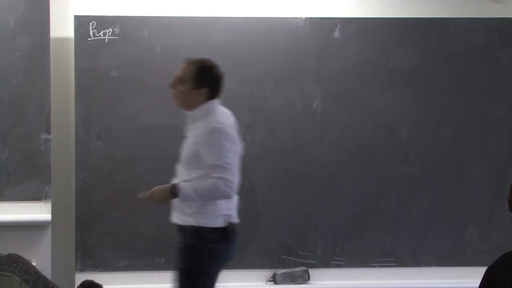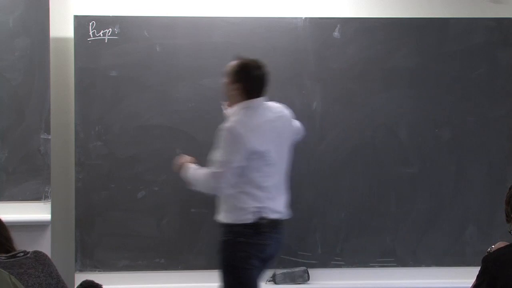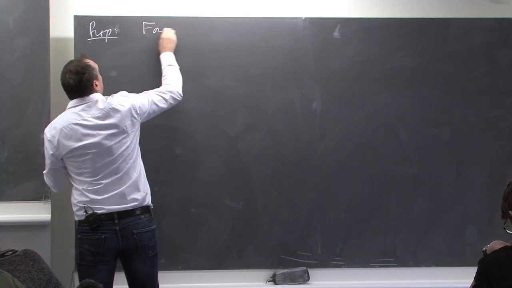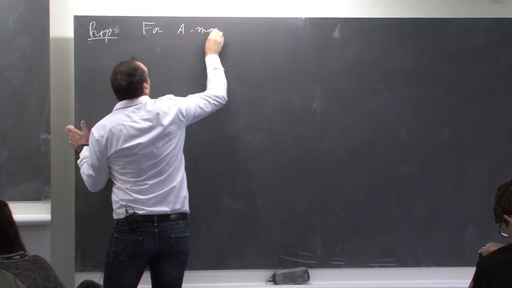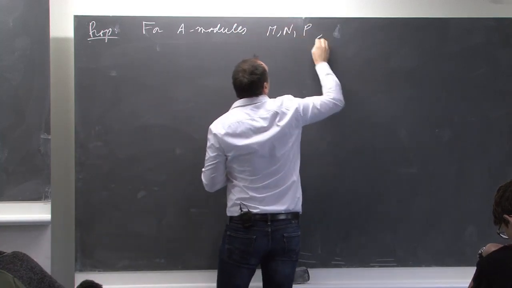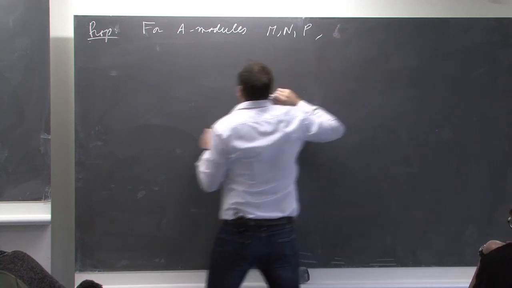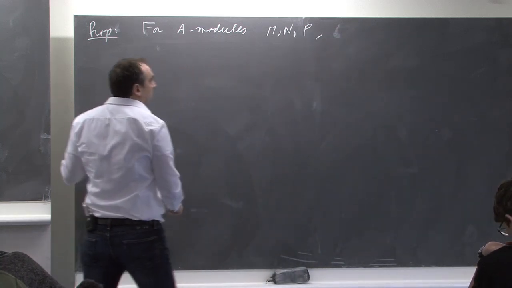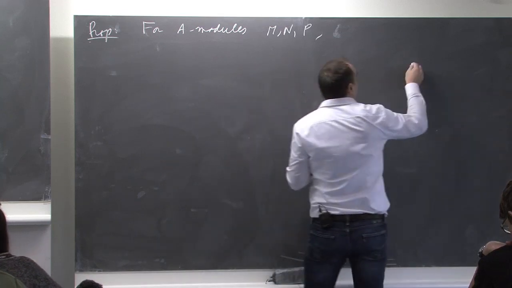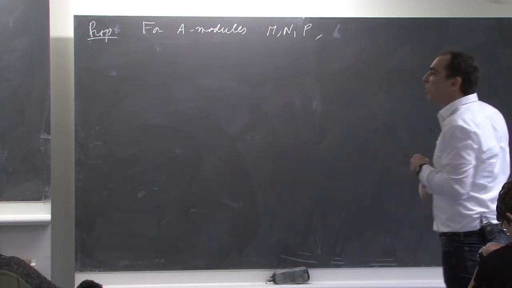So, if I take for L modules M and P, what do we have? We have the third Reidemeister move, so what does it mean?